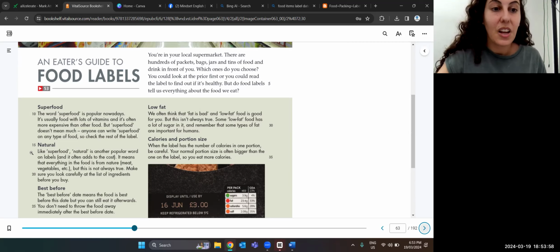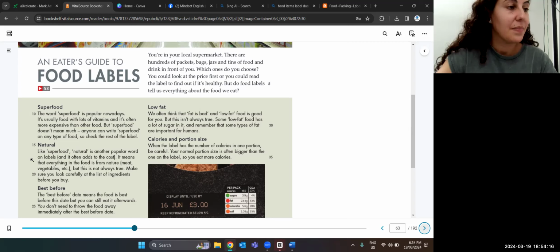Natural. Like superfood, natural is another popular word on labels, and it often adds to the cost. It means that everything in the food is from nature.